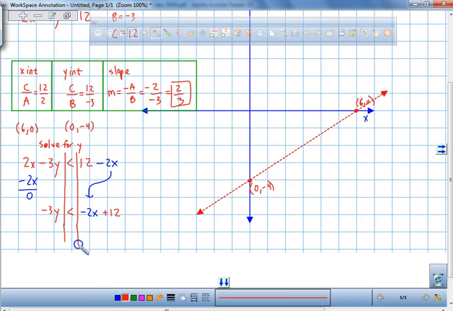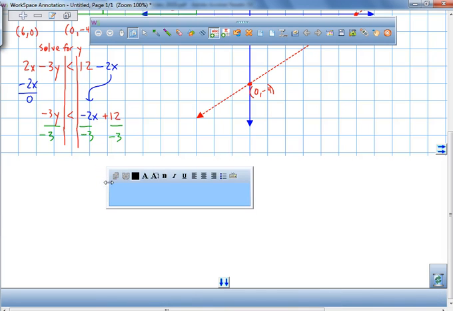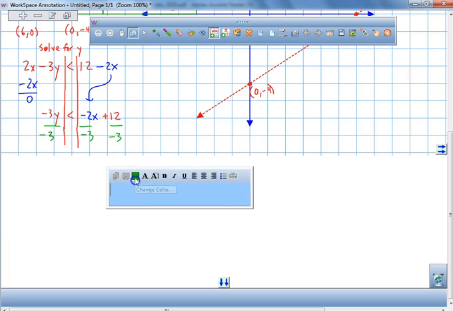The last thing we're going to do is divide everything that we see by a negative 3. Now this is very, very important, so I'm going to make a little note right here. I'm going to change color to red since it's a warning.